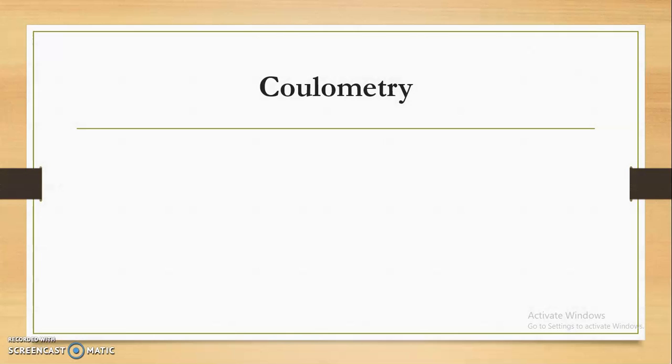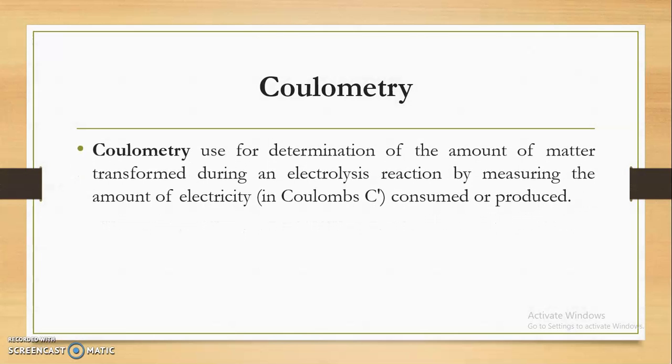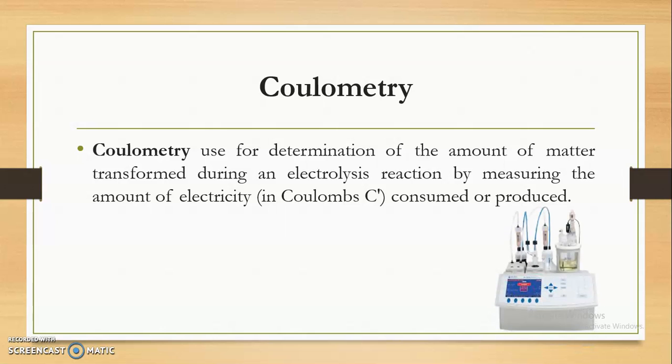Then coulometry. Coulometry is used for the determination of the amount of matter transferred during an electrolysis reaction by measuring the amount of electricity that is consumed or produced. As we know, the unit of charge is the coulomb.